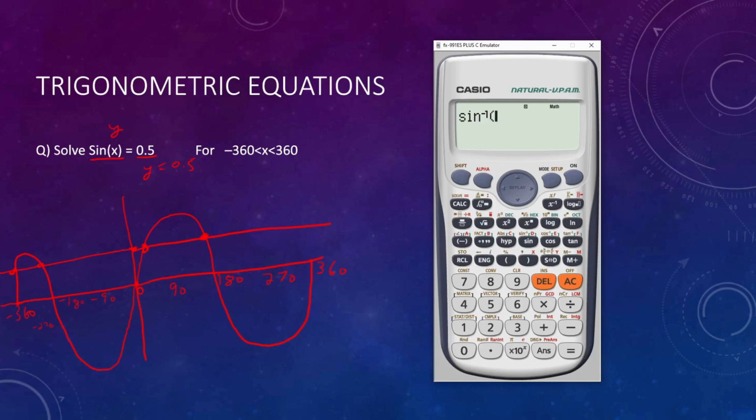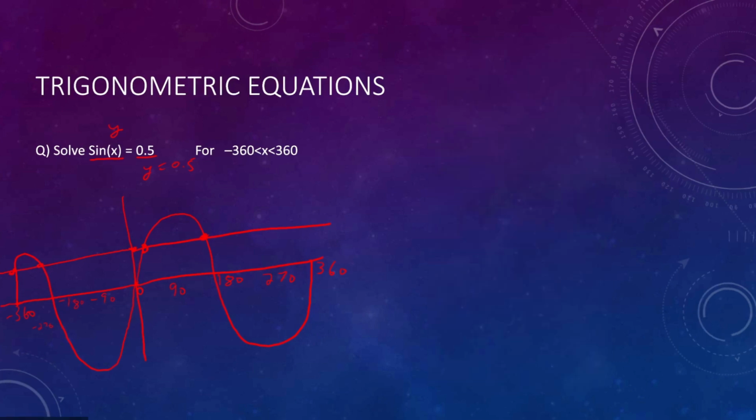This will give me the value of x at which I have a specific y value. For example, the y value is 0.5. As you can see, it gives me 30. So this is my principal value. Now my first point is going to be 30.